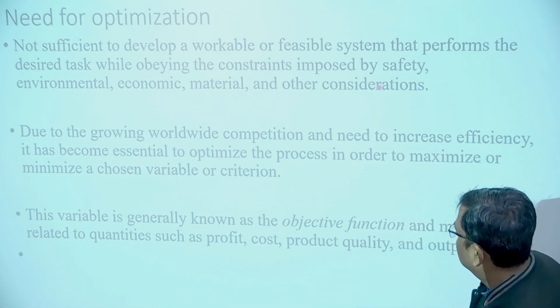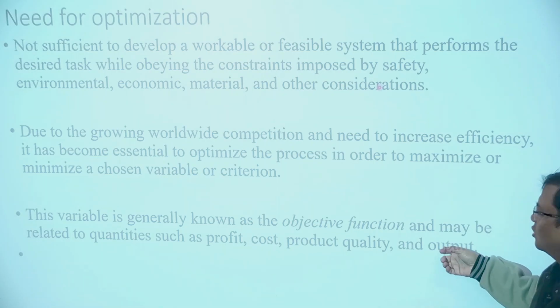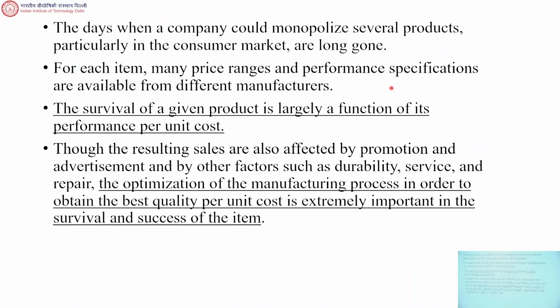The consumer will say, your product quality is so bad, I'm not going to buy it. And there may be some output things, for example the temperature at which something comes out, that needs to be optimized. Stuff like that. So these are some practical aspects of this.